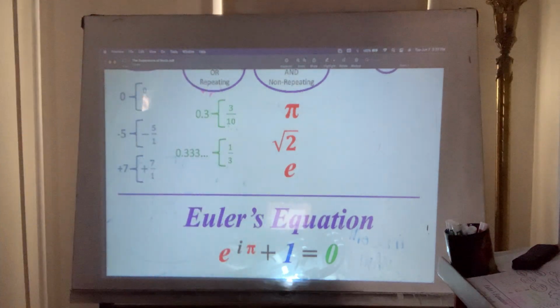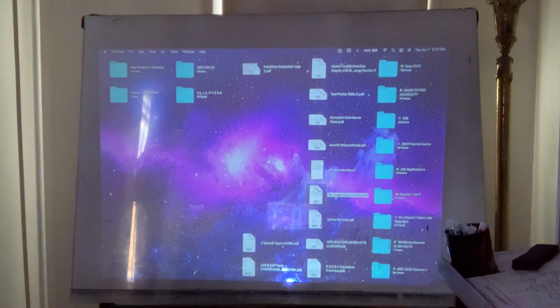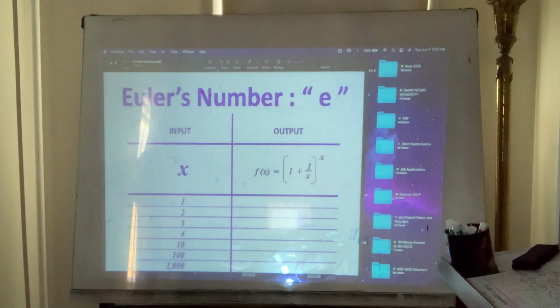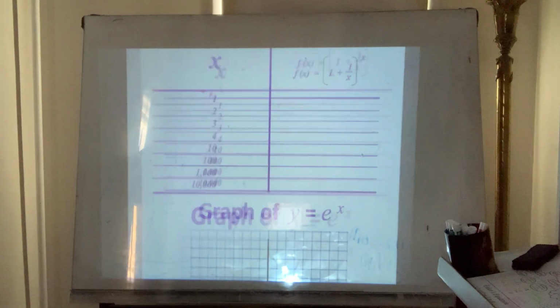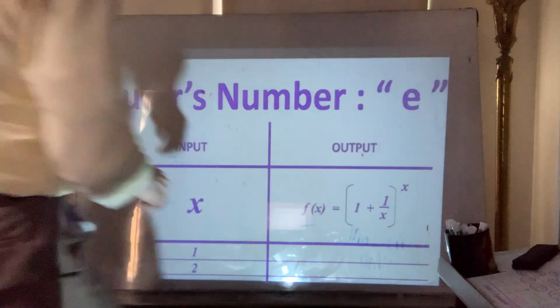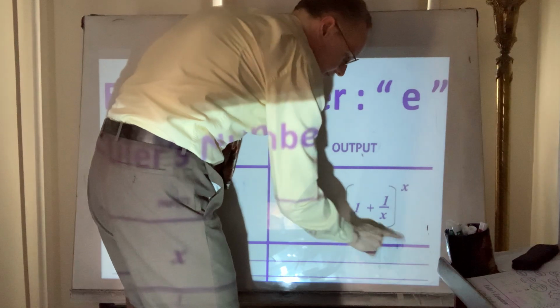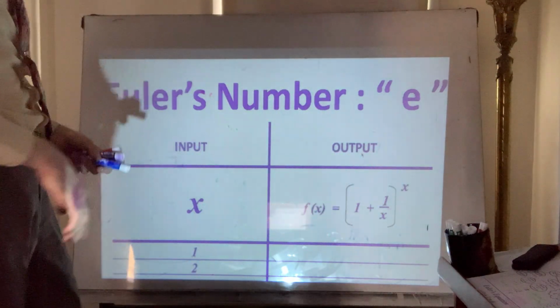Now as to how to arrive at the number e, I'll just show you really quickly. Here's a worksheet that I normally go through with people. As I said, it comes from finance. There is a simplified version of the compound interest formula.